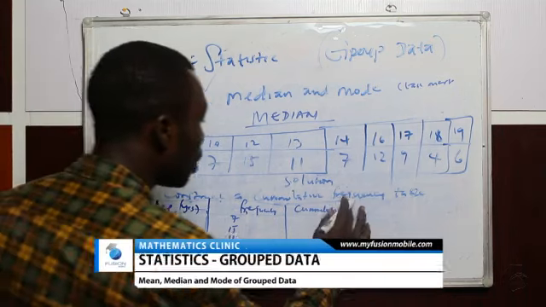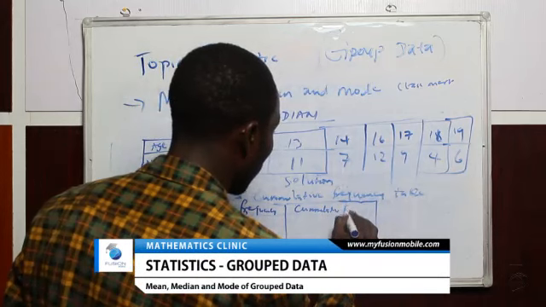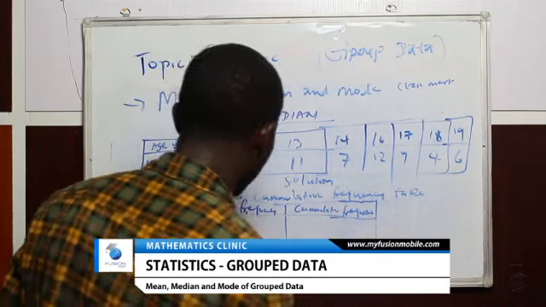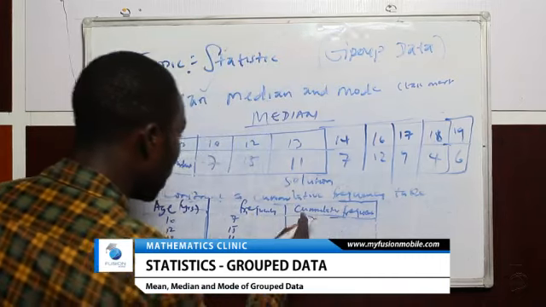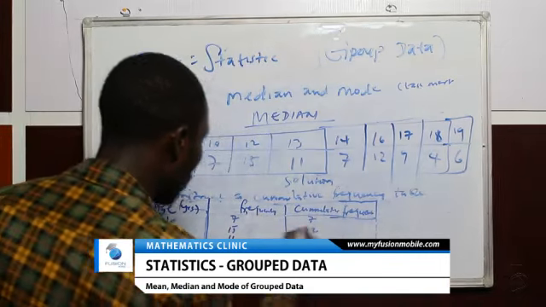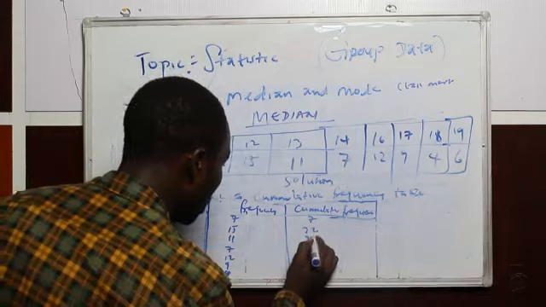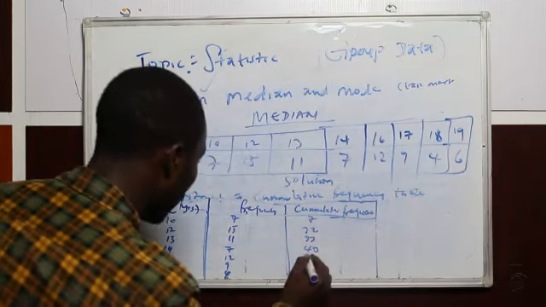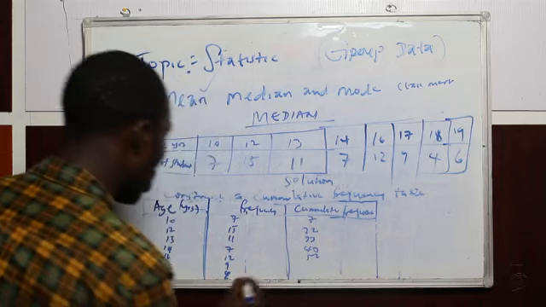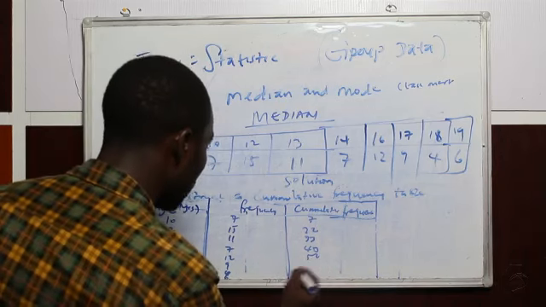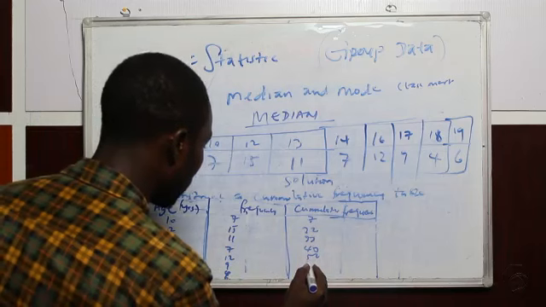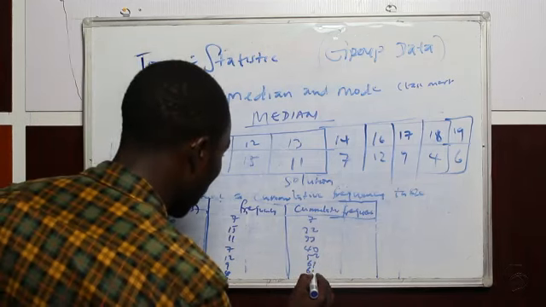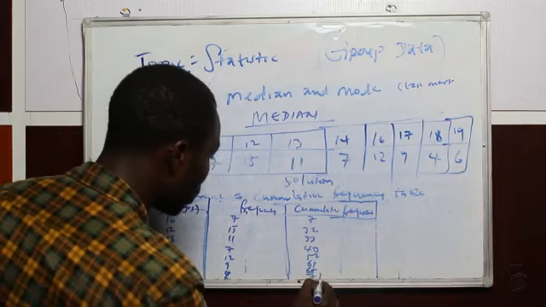Now, what is the cumulative frequency? We start from 7 here. 7 plus 15 gives us 22. 22 plus 11, 33. 33 plus 7, 40. 40 plus 12, that's 52. 52 plus 9 will give us what? 61. 61 plus 4, 65. 65 plus 6, that's 71.